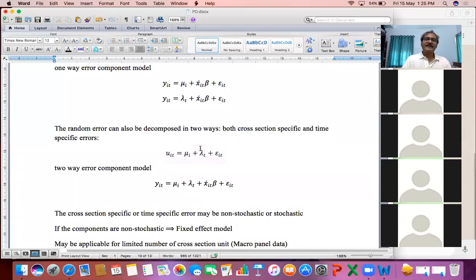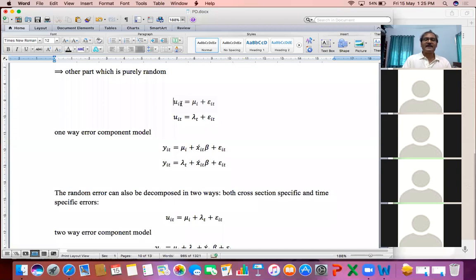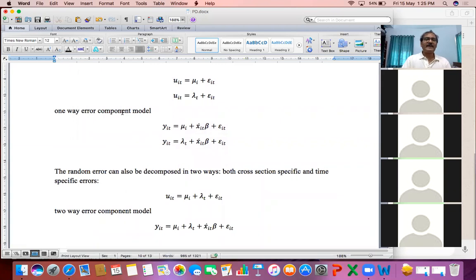After substituting the value of the random error into our regression model, y_it is equal to mu_i plus x_it prime beta plus epsilon_it. Earlier, mu_i plus epsilon_it was u_it. Now we are considering the decomposed part. Similarly, the second way of decomposition. So either in this form or in this form, we have what is known as a one-way error component model, because we are considering here decomposition of the error in one way.